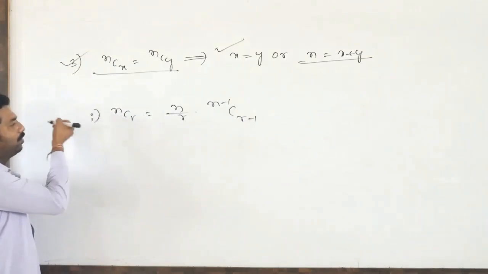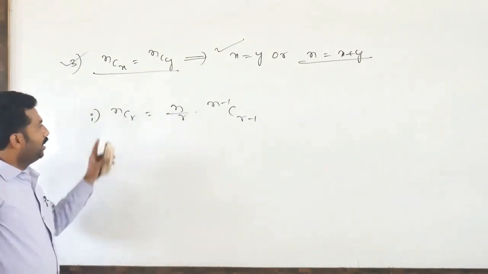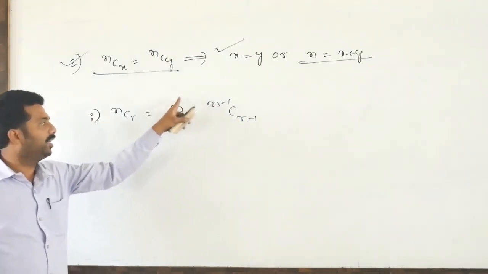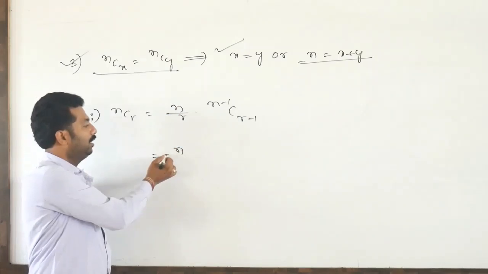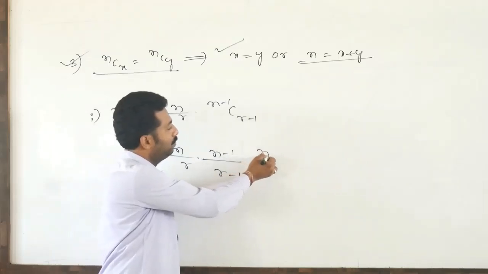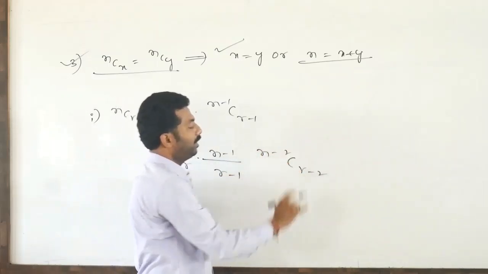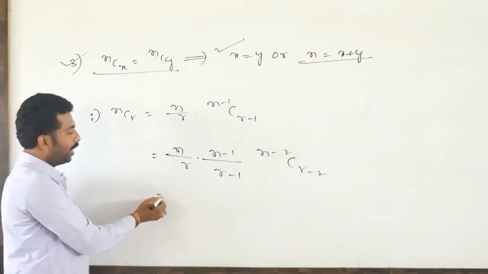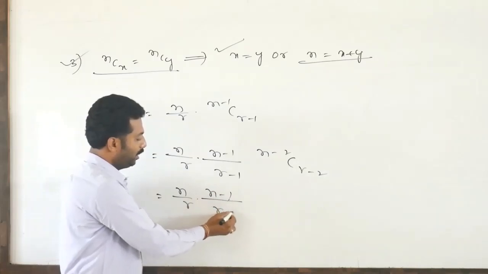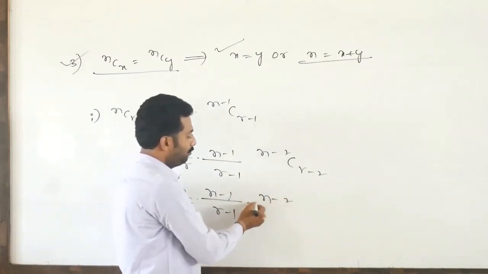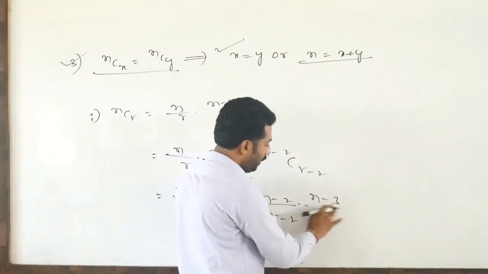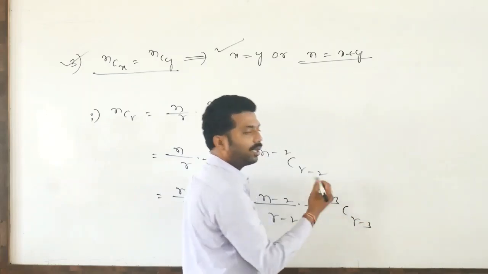Very important, you remember it, you can also prove it. nCr in terms of (n minus 1), (r minus 1), we can write n by r into (n minus 1) by (r minus 1) into (n minus 2)C(r minus 2) also. Not only this, n by r into (n minus 1) by (r minus 1) into (n minus 2) by (r minus 2) into (n minus 3)C(r minus 3) also you can write.